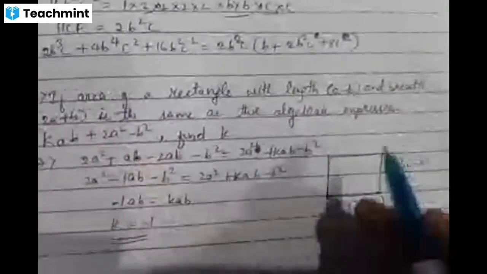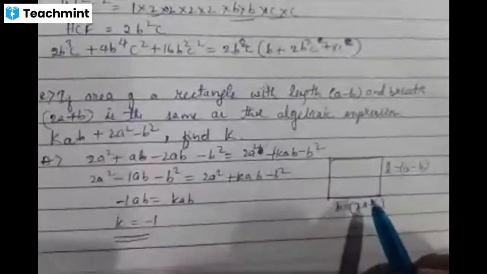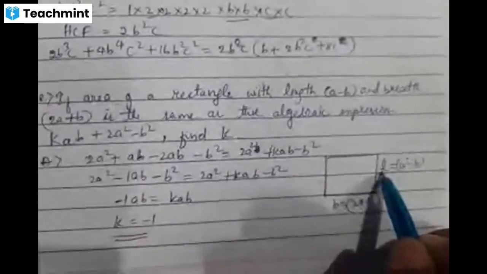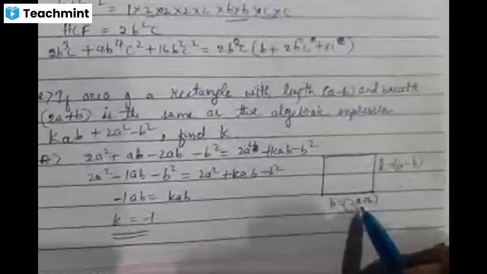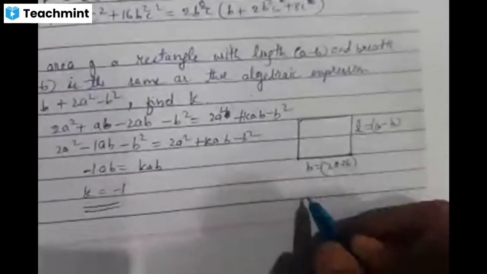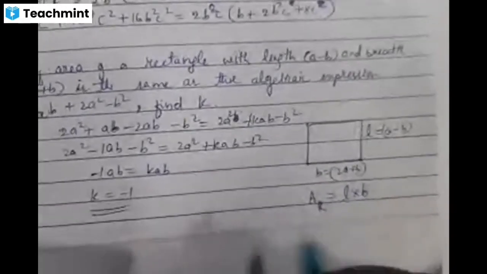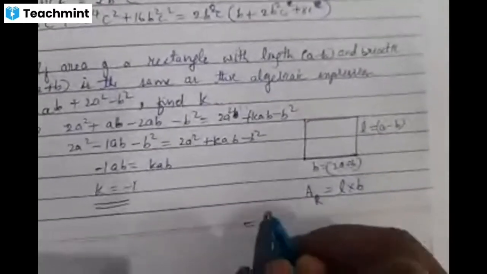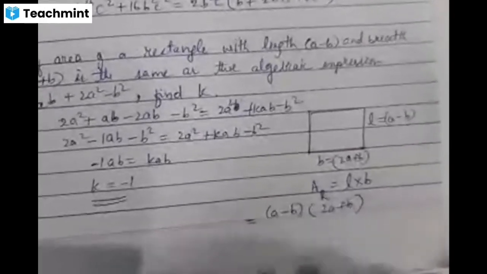So what we do, children, here we are going to find the area of this rectangle by multiplying A minus B into 2A plus B, because the area of the rectangle formula is length into breadth. Therefore, if we multiply length A minus B into 2A plus B, what we get?